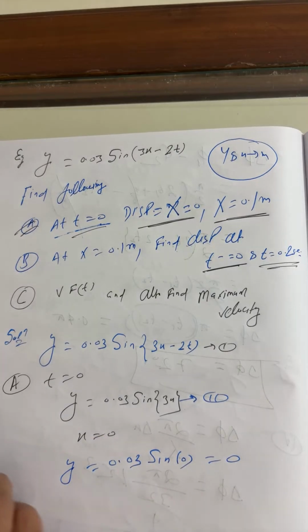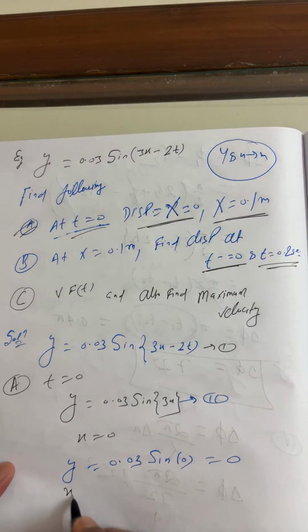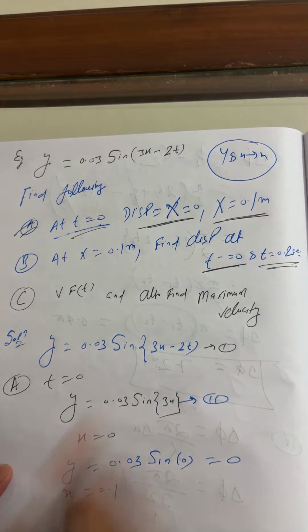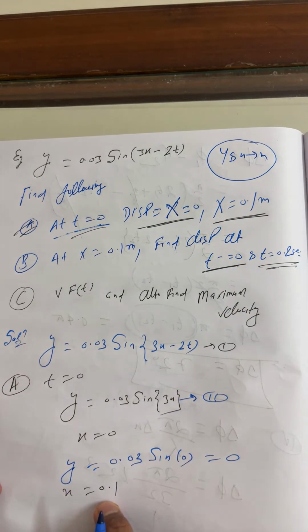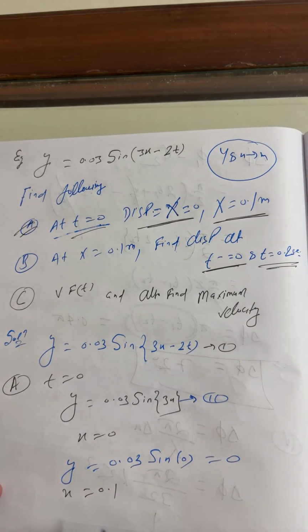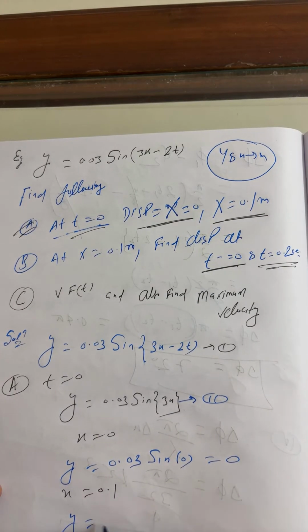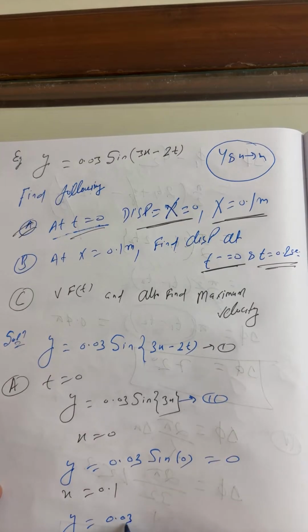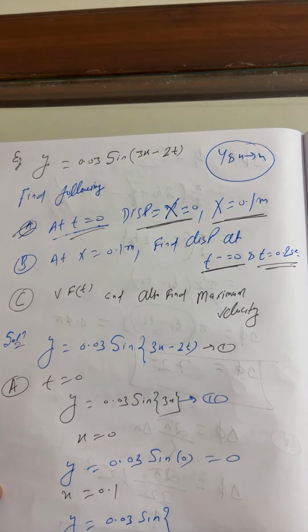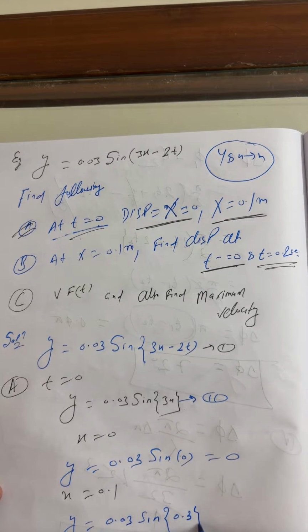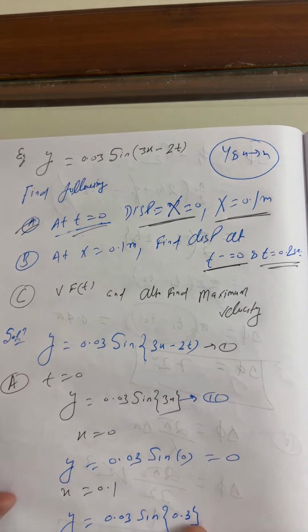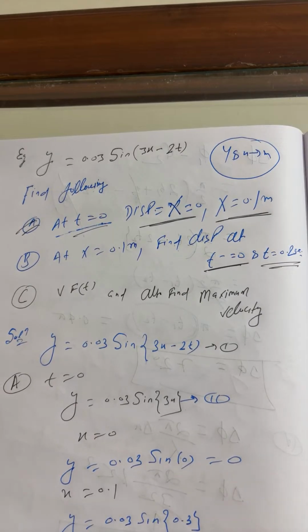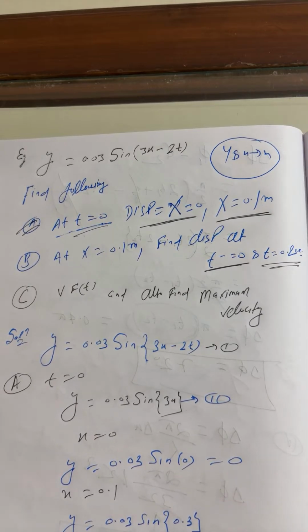Now time remains 0 here, but I'm going to put x equals 0.1, because it is mentioned. So in equation number 2, I'm going to put x equals 0.1. So y equals 0.03 sin of 0.3. Is it degree or radian?